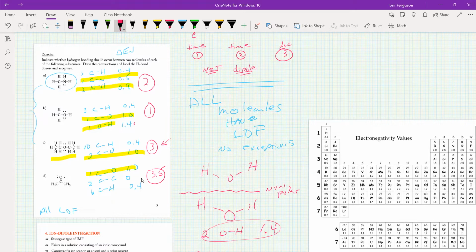And that's called a membrane. And the only reason a membrane works is because of intermolecular forces, period.